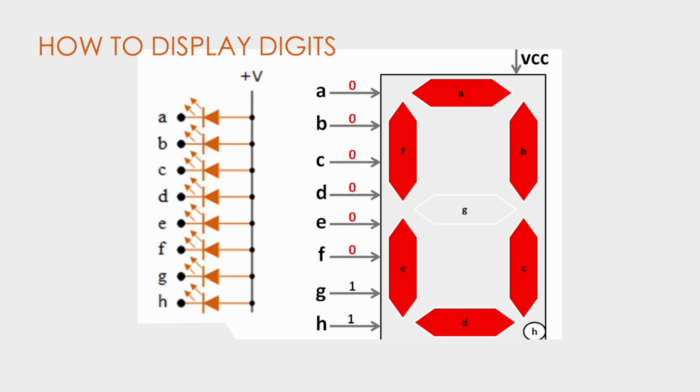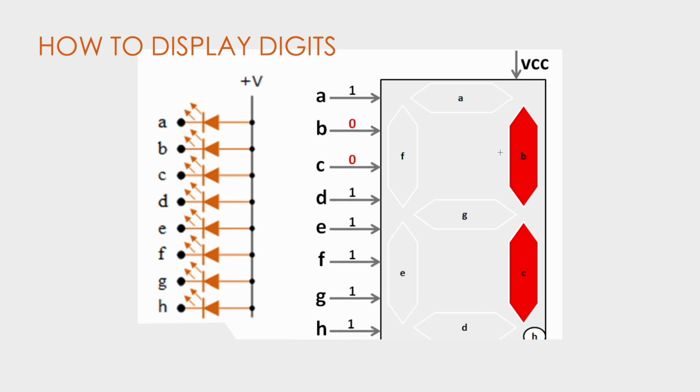When it comes to displaying 1, we get to see that these are the segments representing 1, and B and C are the LEDs which need to be turned on. So the controller needs to drive 0 on segments B and C, and that justifies why zeros need to be ported through B and C, and the rest of the segments are driven with 1.